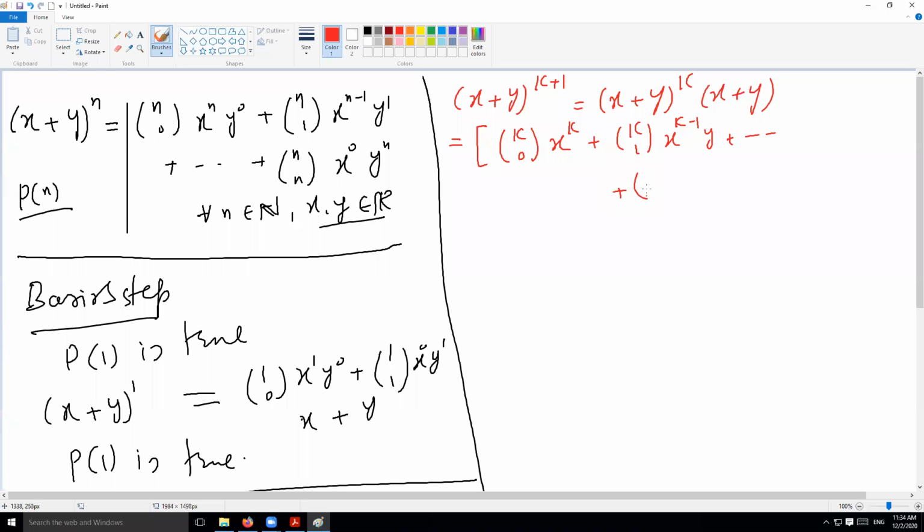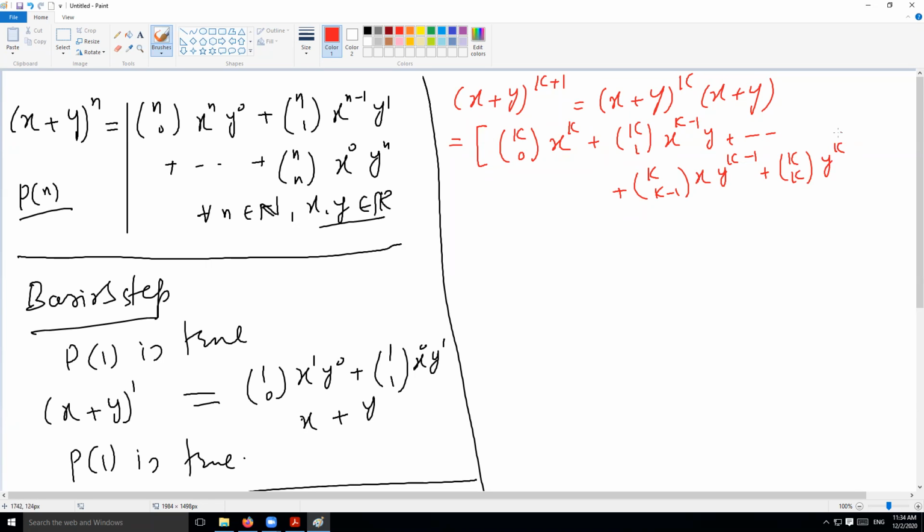The second last term is going to be k choose k-1, x y^(k-1), and the last term is going to be k choose k and y^k.